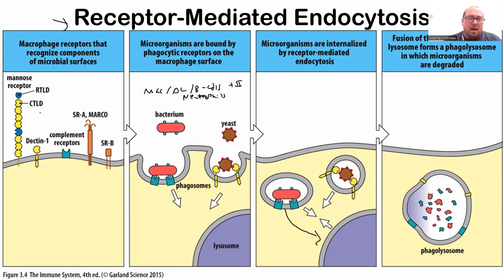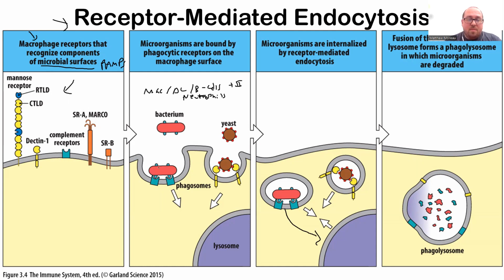So macrophages and other phagocytes recognize microbial surface components called PAMPs. Again, these are direct engagements, right? So PAMPs are recognized by certain receptors. They serve as ligands to these receptors on the surface of these phagocytes.